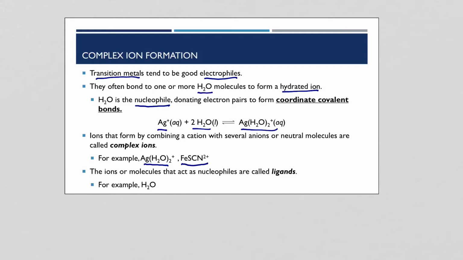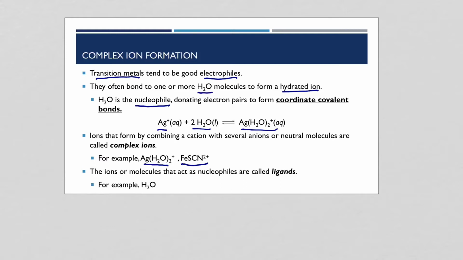So many metals do this, and water is not the only material that can coordinate to the metal center, right? All kinds of materials can do this. We see an example here of thiocyanate, the SCN ion, that does it.